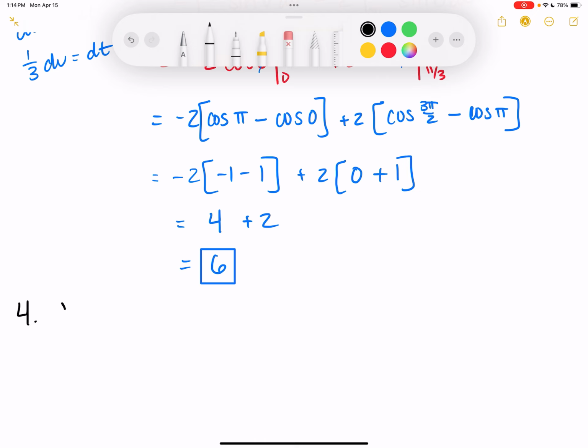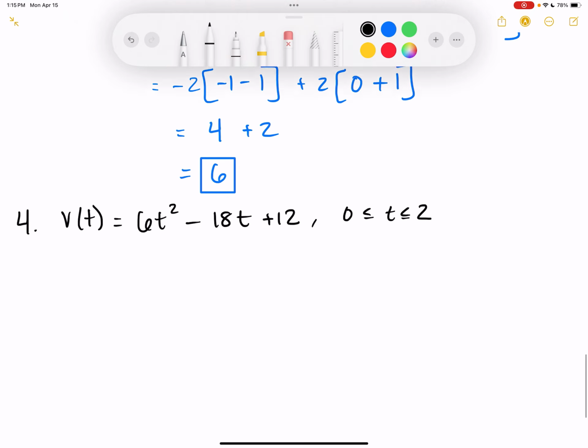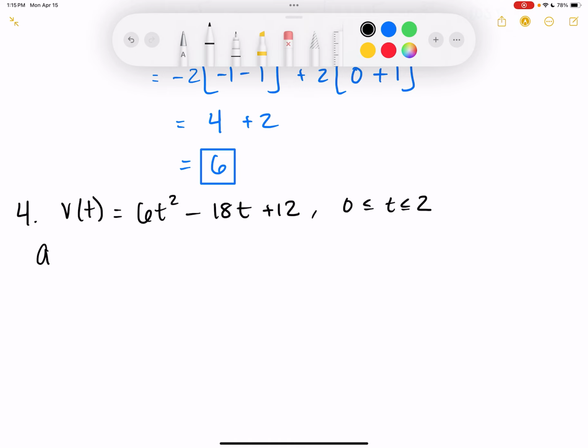So 4 says v of t is equal to 6t squared minus 18t plus 12, and 0 is less than or equal to t less than or equal to 2. So part A, just to reiterate, said determine when the particle is moving to the right, left, and stopped.